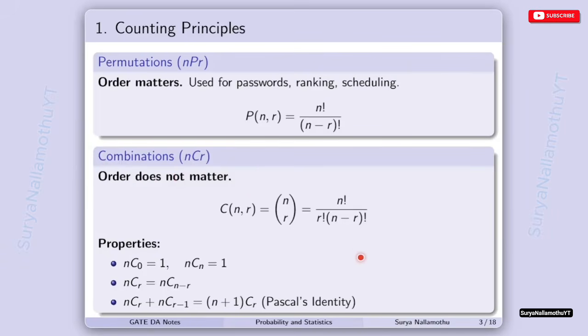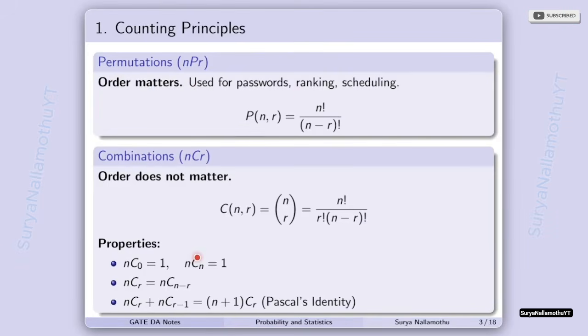For example, if we choose an item from five numbers 1, 2, 3, 4, 5, and we choose one number, then 5C1 is choosing one number from 5. Combination is nothing but choosing or selecting. Permutation is nothing but arranging or ordering.